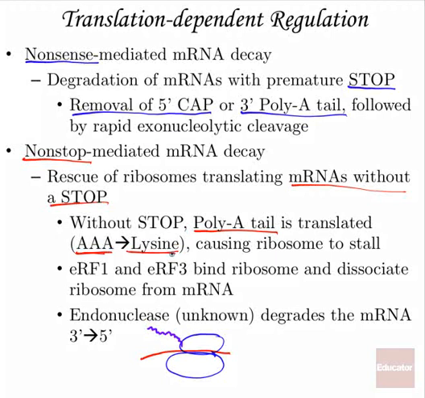So what happens is we have eukaryotic releasing factors 1 and 3 binding to the ribosome and dissociating the ribosome from the mRNA.